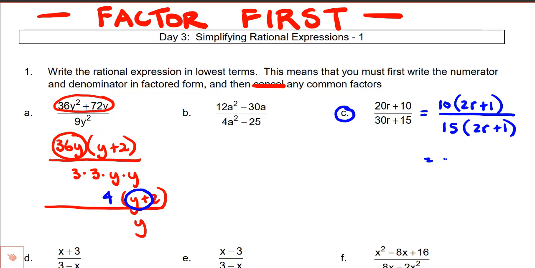I know. Let's hang on. Is 10 a single factor? I can factor that Mickey Mouse way. What is it? 2 times 5. And 15? 3 times 5.